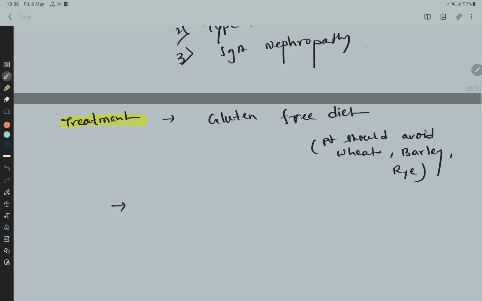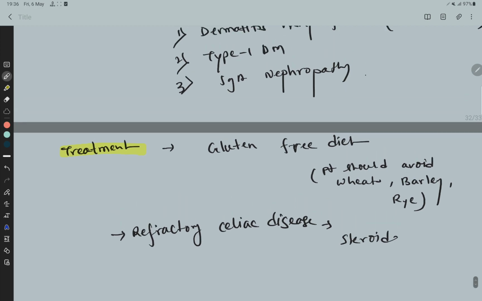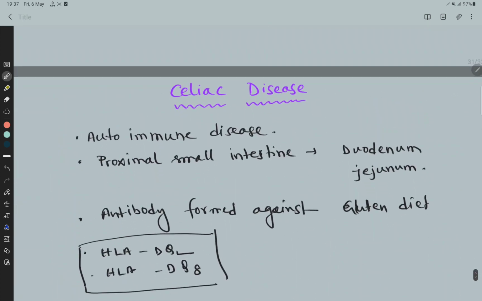And if a patient is diagnosed with refractory celiac disease, then we should give steroid. So this is about celiac disease.